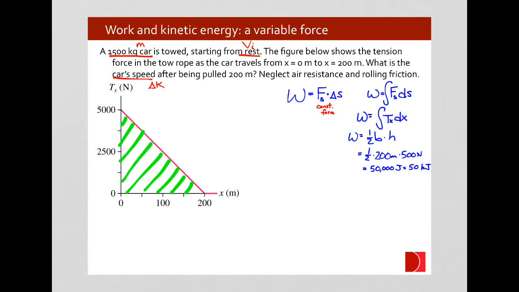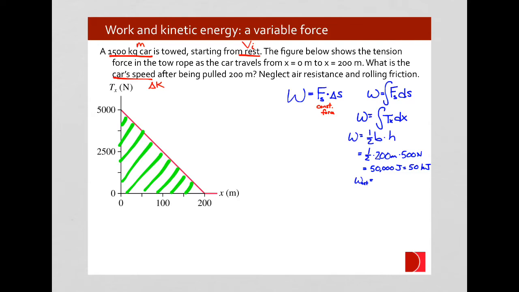This work being done is going into the kinetic energy of the car. This force of tension is the only work we need to look at, because gravity and normal force are both vertical and thus are perpendicular to the motion, and we're neglecting any other possible horizontal forces.